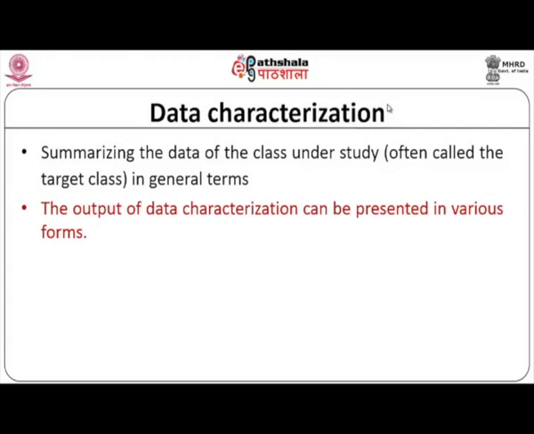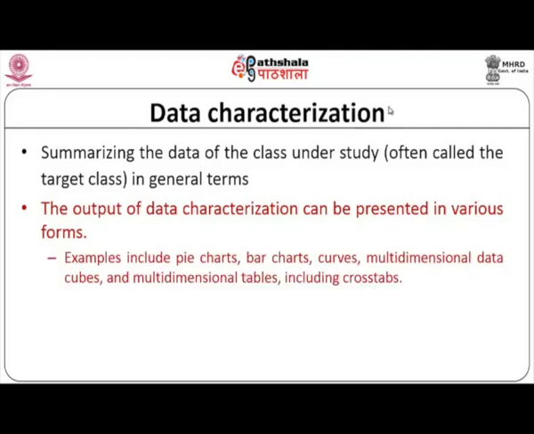In data characterization, we take data and present the characteristic features of the data in various formats or forms. Simple examples by which we can visualize characterization are a pie chart, because when you run an analysis, the outcome may be visualized in the form of a pie chart, which may provide a clear cut partitioning of the actual analysis, or it may be represented as a bar diagram, or a curve, or even a multidimensional table.